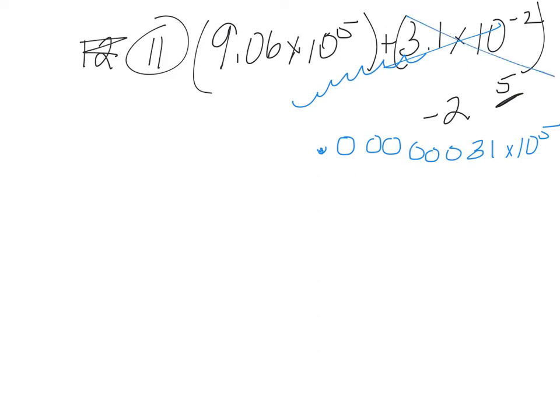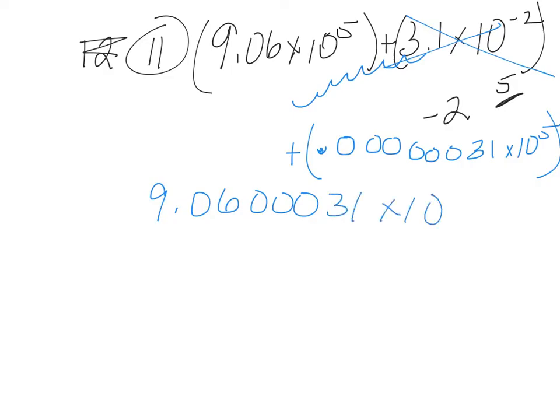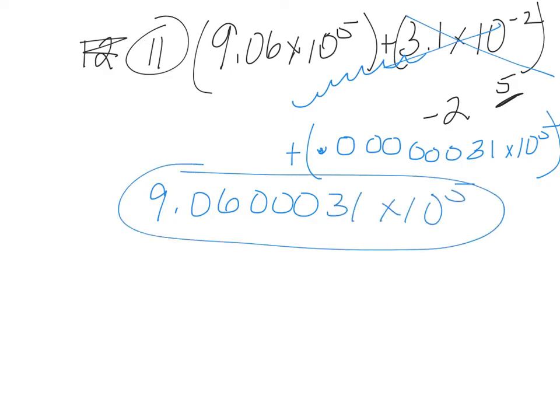And so that's what this new number is. So now I can add them together. And when I add 9.06 with this big long number, I get 9.0600031 times 10 to the 5th. Kind of an ugly number right there.